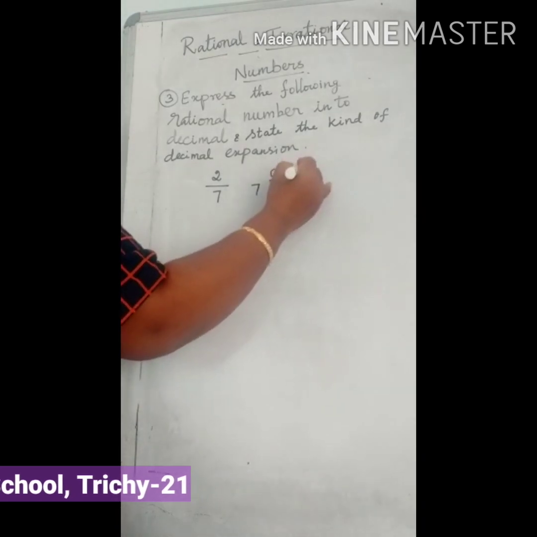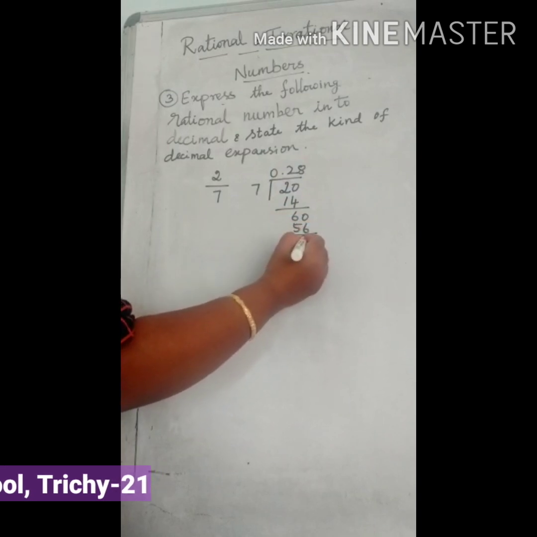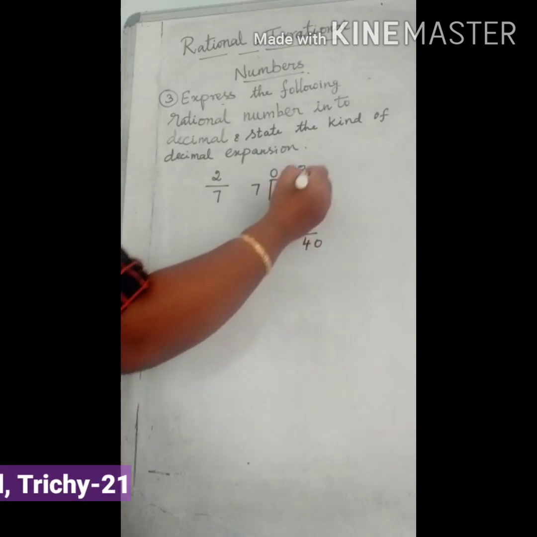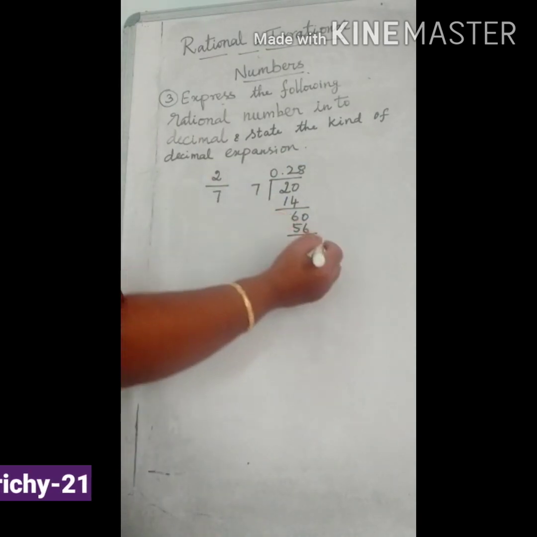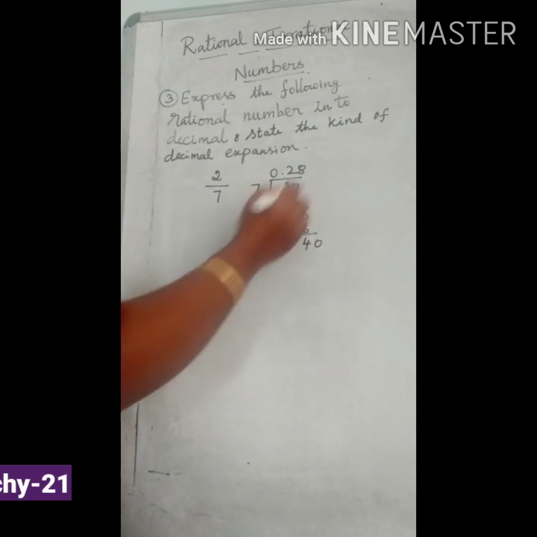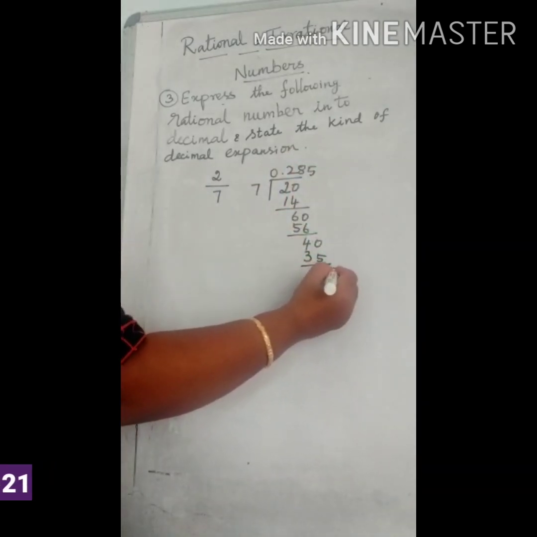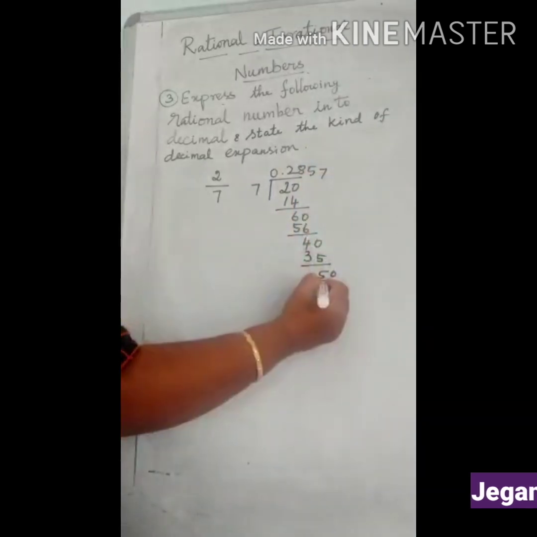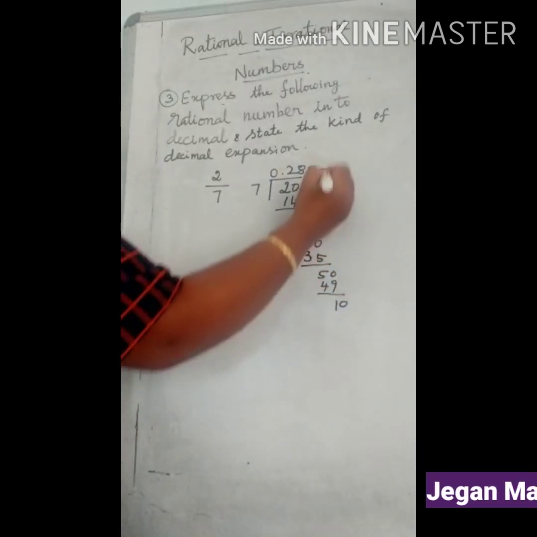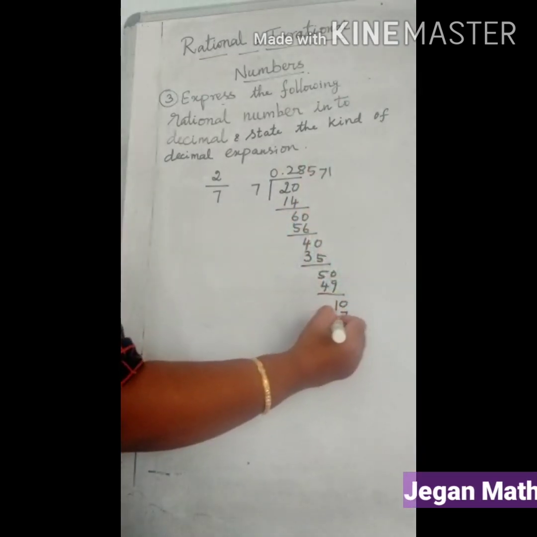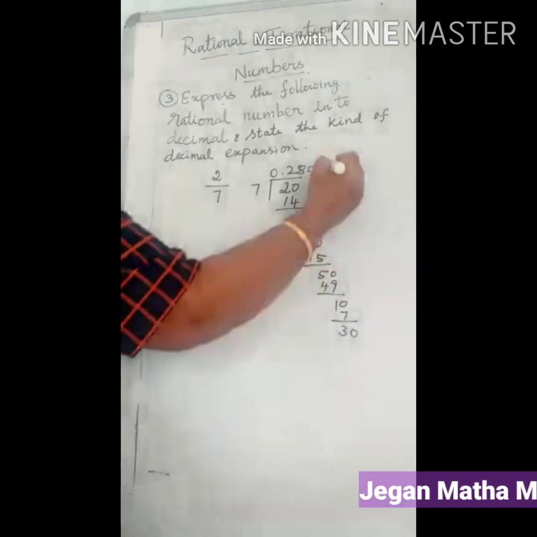Put 0: 7 8s are 56, balance 4. Put 0: 40, so 7 5s are 35, balance 5. Put 0: 7 7s are 49, balance 1. Again put 0: 7 1s are 7, so we get balance 0.